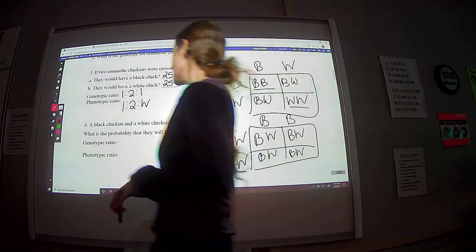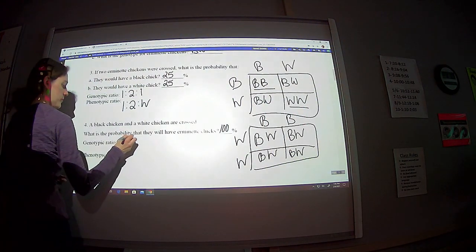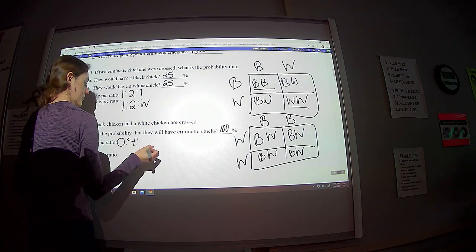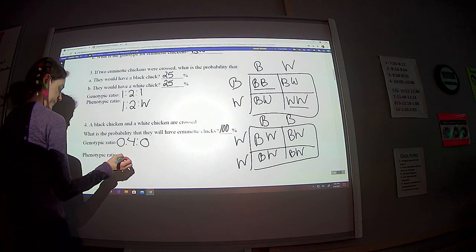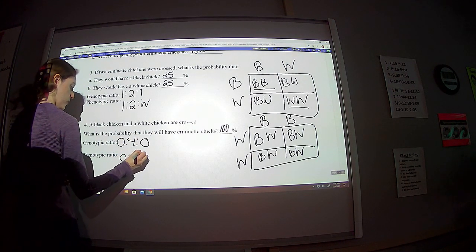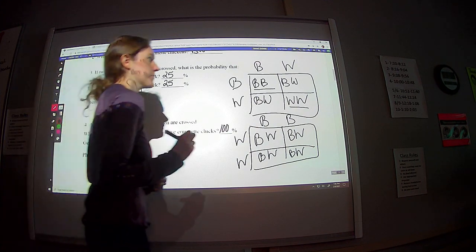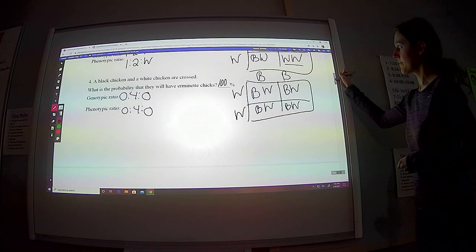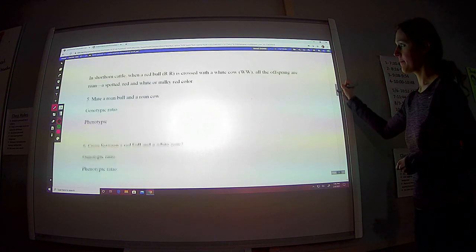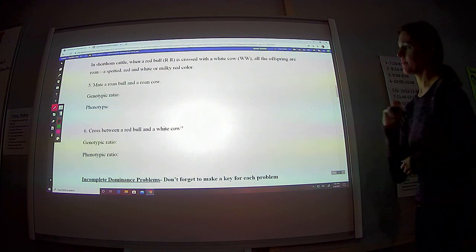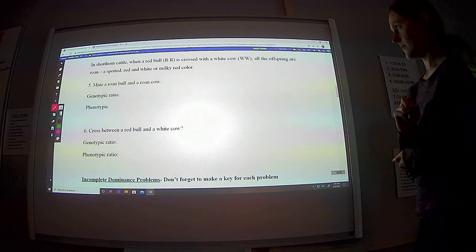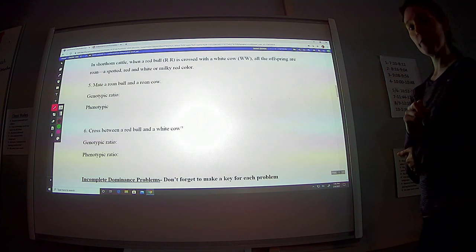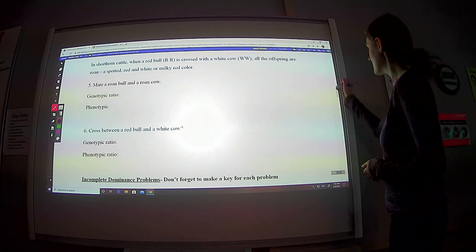The genotypic ratio: I have no BBs, I have 4 BWs, no WW. No blacks, 4 erminites, no whites. I'm going to leave you guys to do those two problems yourselves with the codominance.